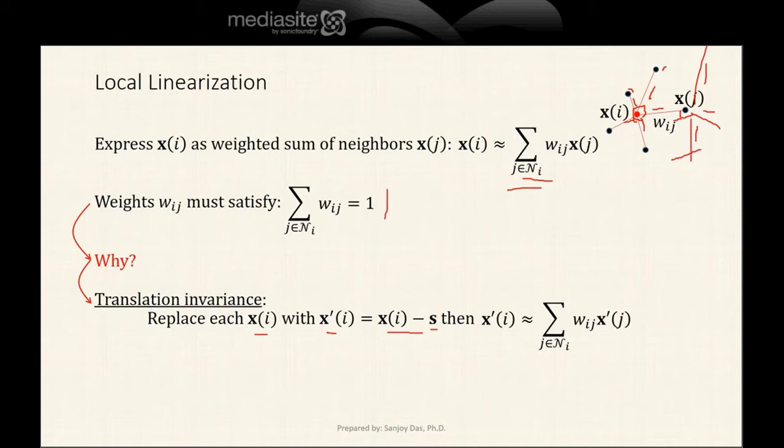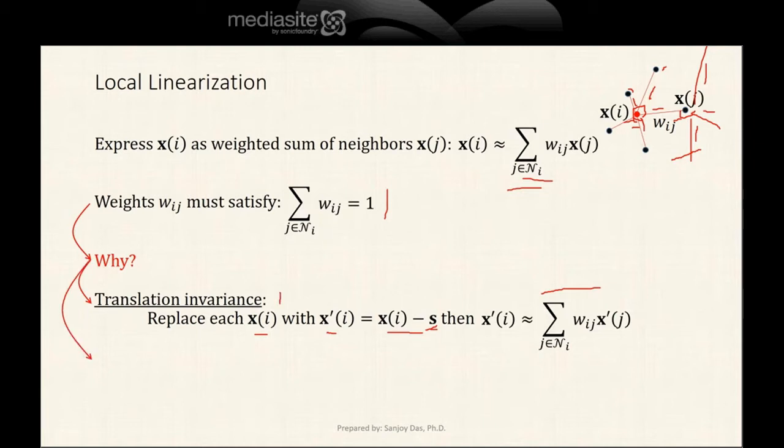In other words, if I take all these points, xi, xj, and I shift them by an amount s, then the shifted points also will display the same relationship. Xi prime will again be equal to the same weighted combination of the xj primes. So that's called translation or shift invariance.